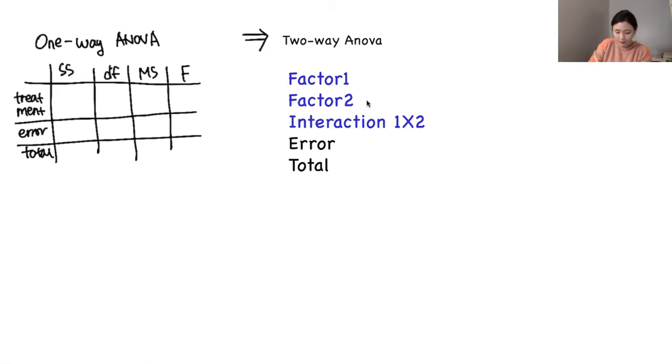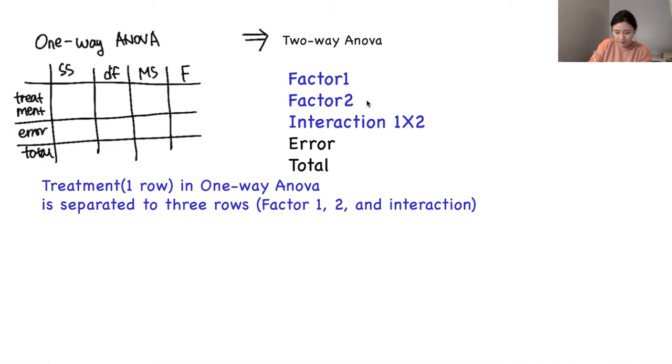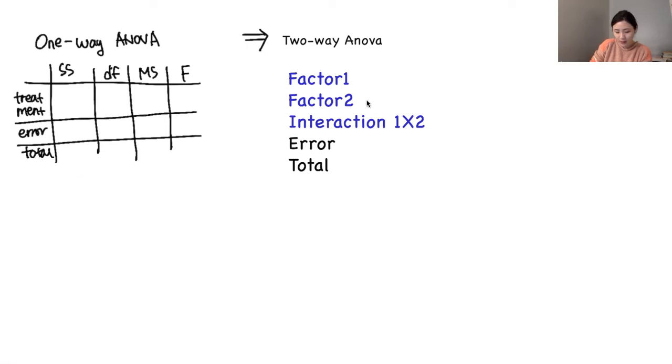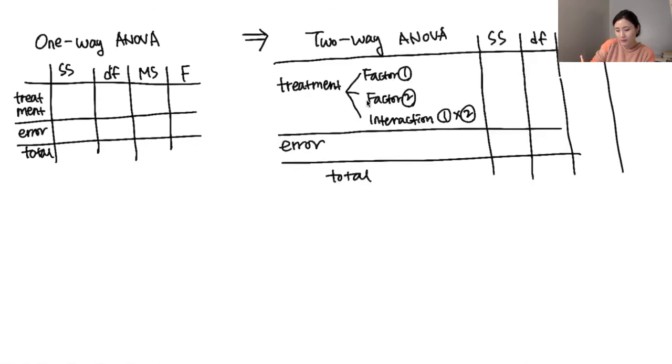For the treatment, we have factor 1, factor 2, and the interaction effect, which we call 1 times 2. This is for the treatment, and then error and total. We still have sum of squares, degrees of freedom, mean square, and F values. So we need to calculate more than we did in one-way ANOVA.